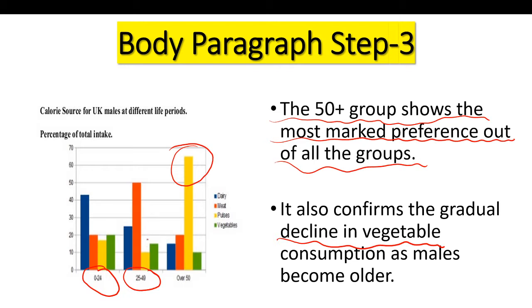I think it's around 5 to 7% actually. And in the last, over 50, it just remained 10%, means it was 20% and decreased by 10%. So we can talk about a gradual decline in vegetable consumption as males become older.